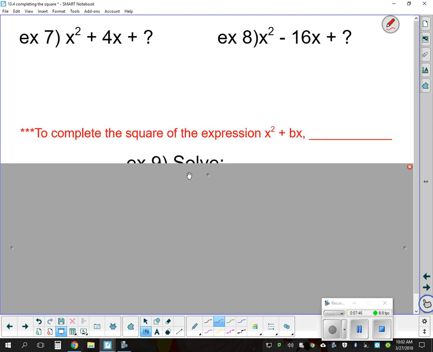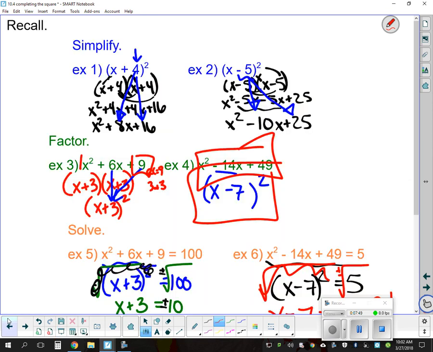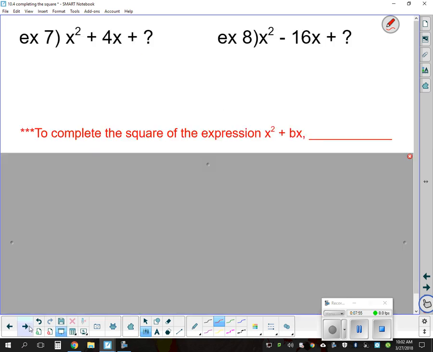Well, in order to do that, if you didn't catch it back here, the connection between these numbers is b divided by 2 squared. So to complete the square of the expression x squared plus bx, you take this b, you divide it by 2, and you square it.